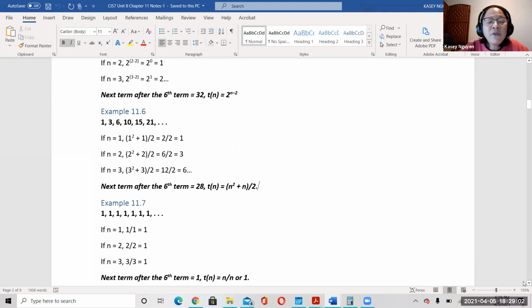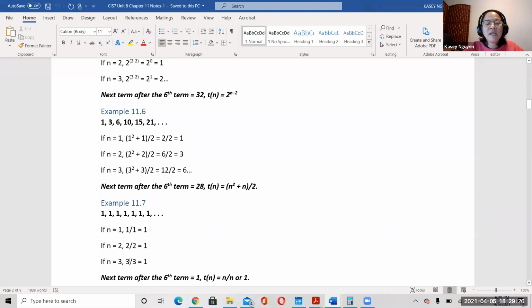So what if you have a sequence of ones? There's a pattern there. They're all ones: 1, 1, 1, 1. If you start with n is equal to 1, we take 1 divided by 1, which gives us 1. If n is equal to 2, 2 divided by 2 gives us 1.